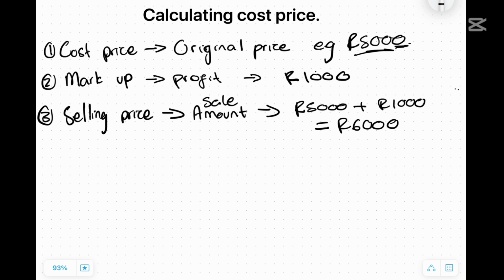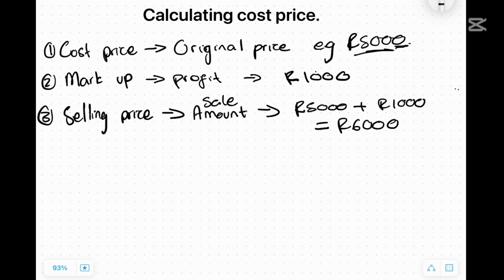When you calculate the cost price, it's easy when you are just using the amounts. However, in most cases, these activities want you to work with percentages. When you are working with percentages, your cost price will always be 100%.